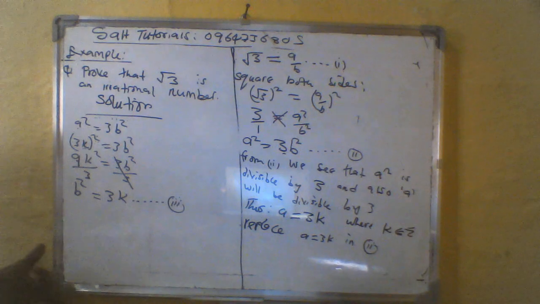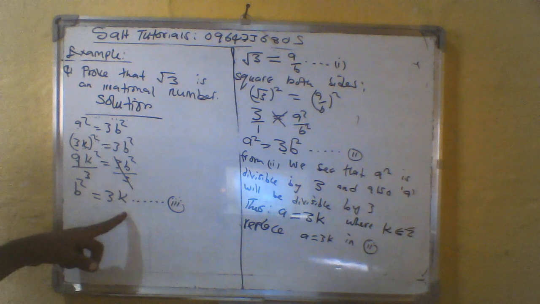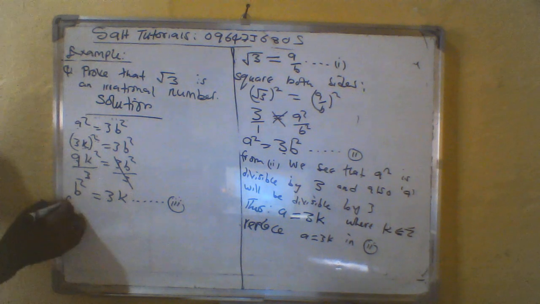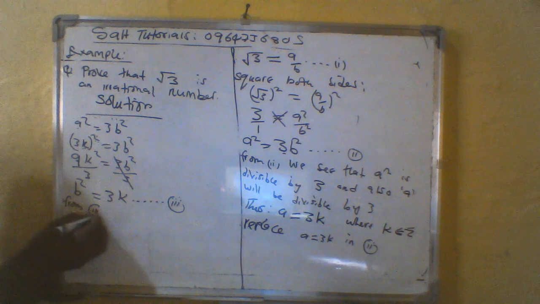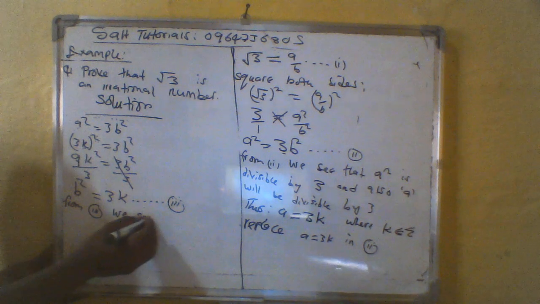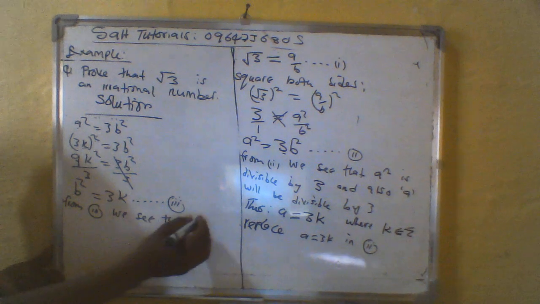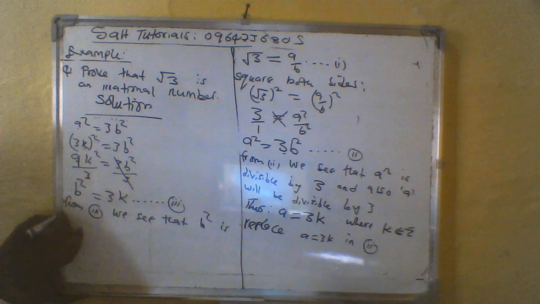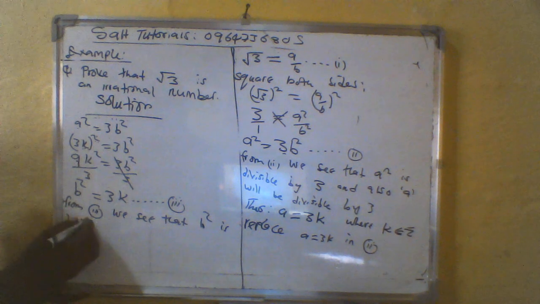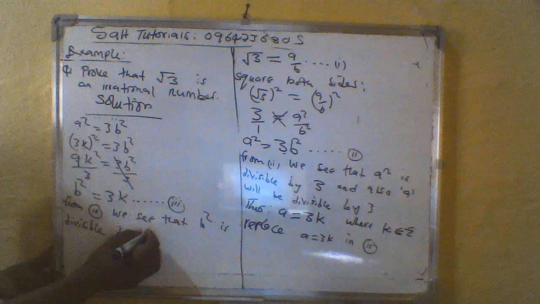So from the third equation, what am I saying? b squared is equal to 3k. From equation 3, we see that b squared is divisible by 3.